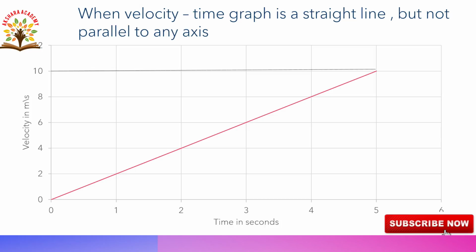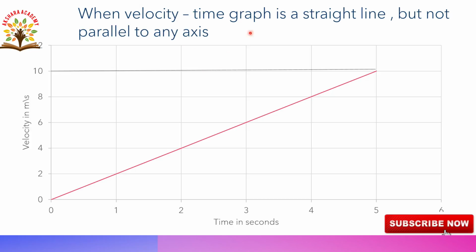The measurements are 0, 1, 2, 3, 4, 5 and 6 for time, and for velocity 0, 2, 4, 6, 8, 10. This line indicates a straight line but not parallel to any axis. From this graph we calculate the acceleration. The slope of the graph line AC gives the acceleration.